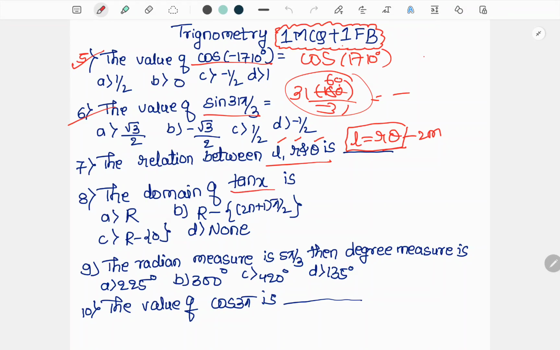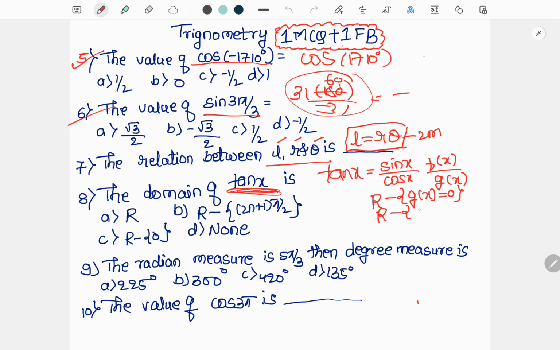So now I have discussed tan x's domain. What is tan x's domain? Again I will explain. See, how can we write tan x? Sin x divided by cos x. Whenever, students, a function is in the form of f of x by g of x, the domain of that function is all the real numbers minus where g of x is equal to 0, that case we need to remove.